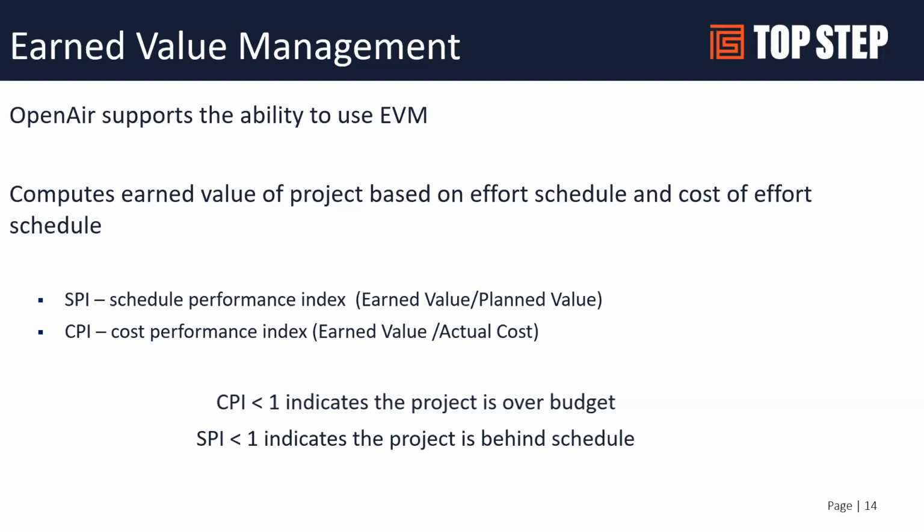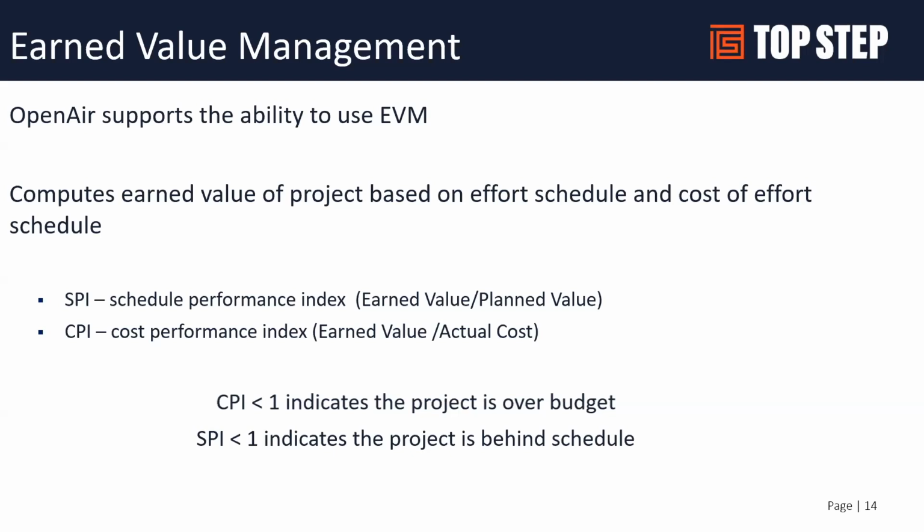And so the goal is to get them close to 1, with 1 being the ideal number. And anything less than 1 on the CPI means you are over budget on cost, so the cost of your resources is above what was planned. Anything less than 1 from an SPI means you are behind the schedule you were expecting.